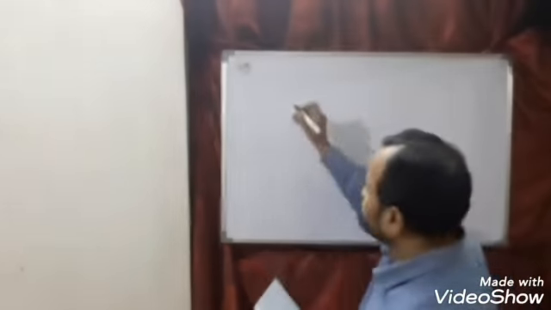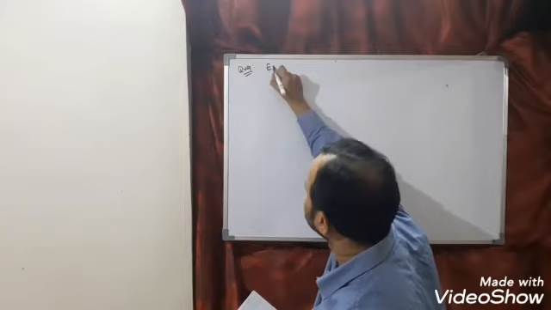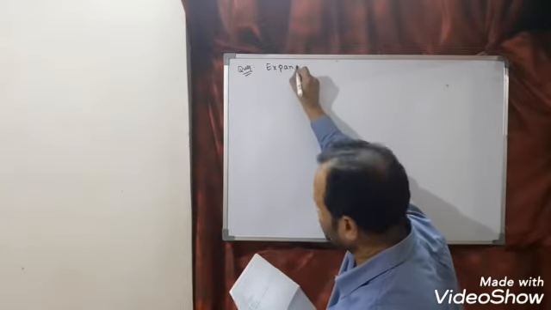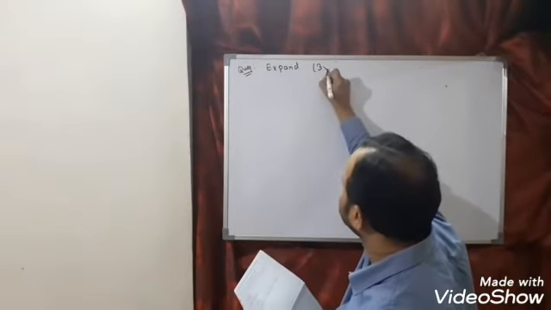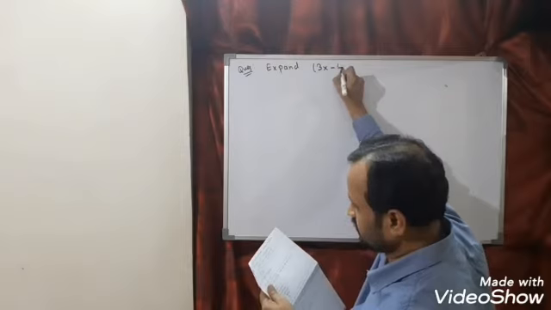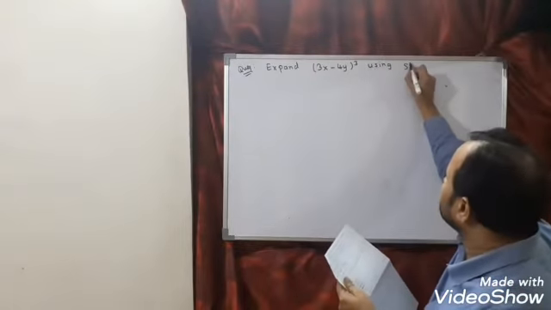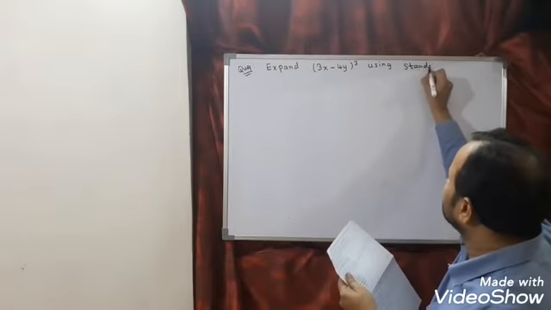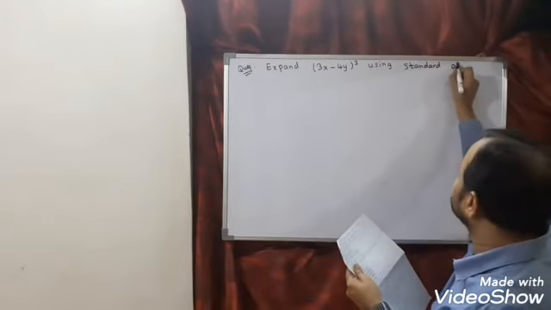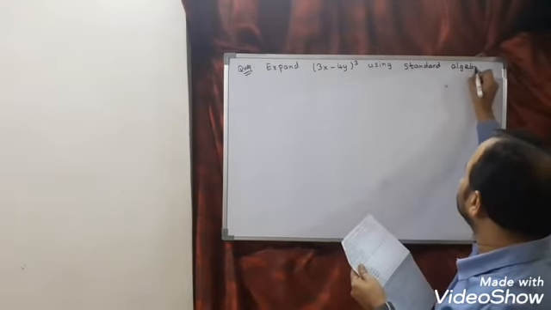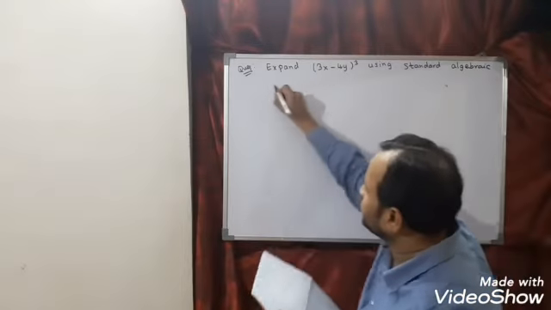The next question is, expand 3x minus 4y whole cube using standard algebraic identities.